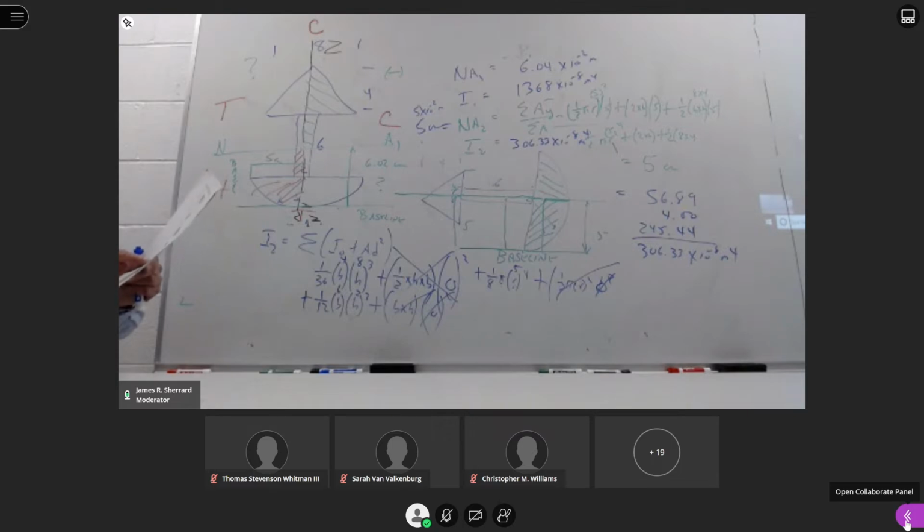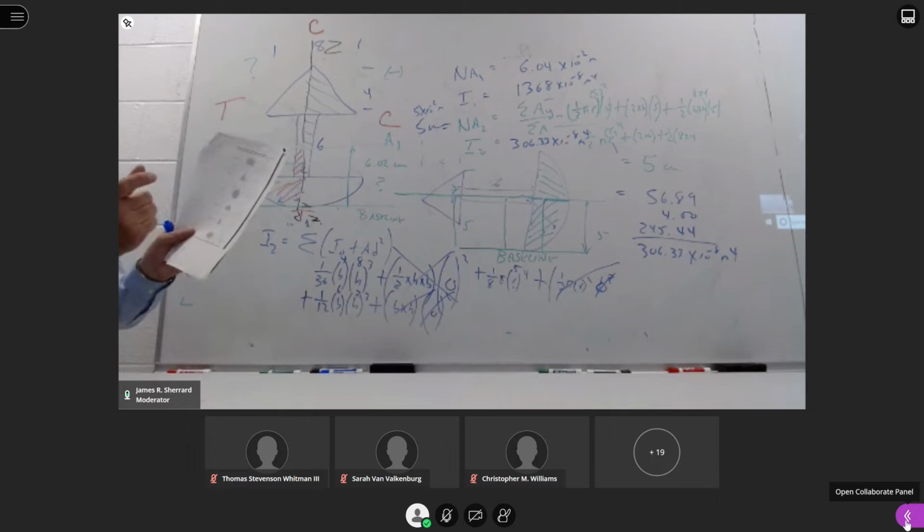If you have a quarter circle, again you look at where that C is, and the value you use there is 1/16 pi r to the 4th. If you have an ellipse, again look to see where the 0 is. So we use the top one, which is 1/4 pi. And then if you look at A.